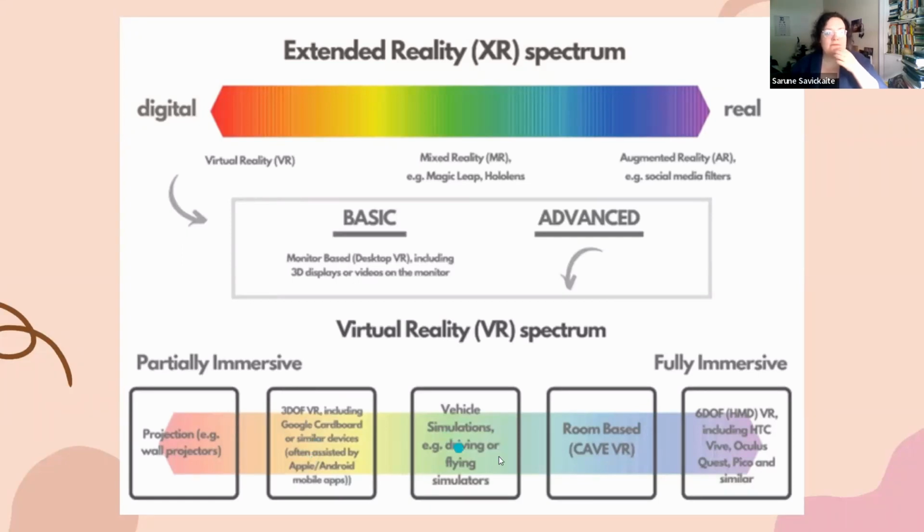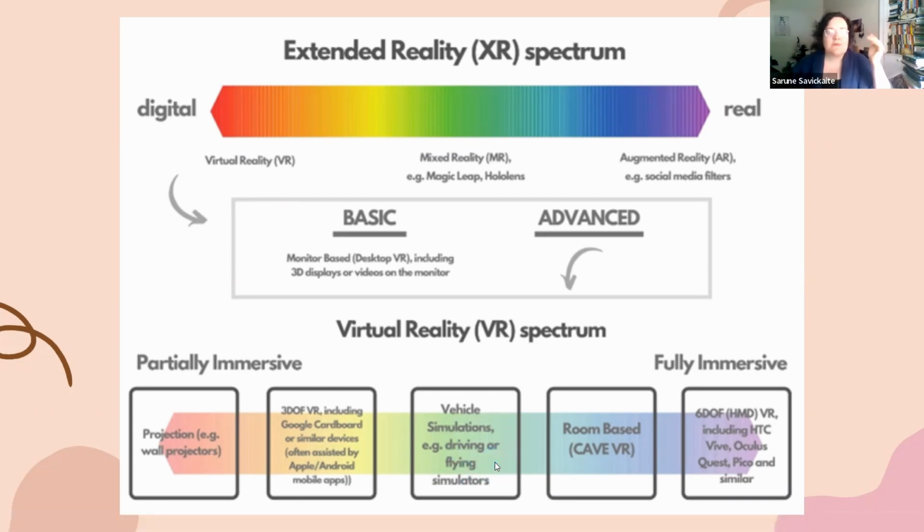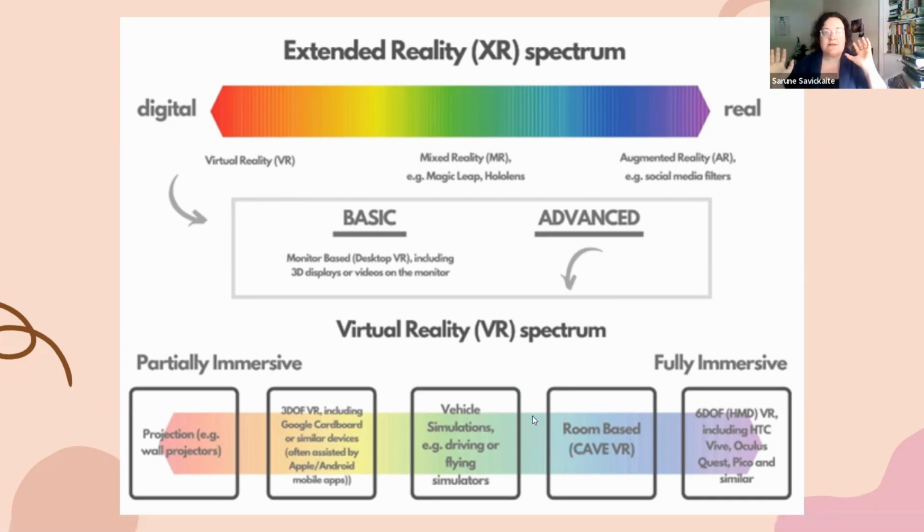Then you have vehicle simulations, driving and flying simulators, where you are still aware of some of the real world. And then there's the CAVE, the room with projections on the walls, which is still somewhat immersive. You're aware of the real world, but it's slowly taking you into full immersion.